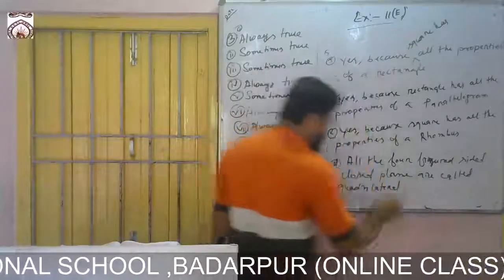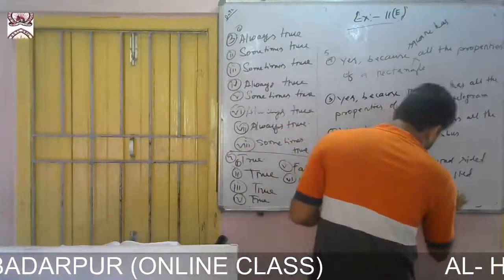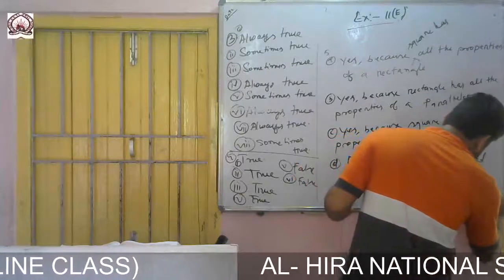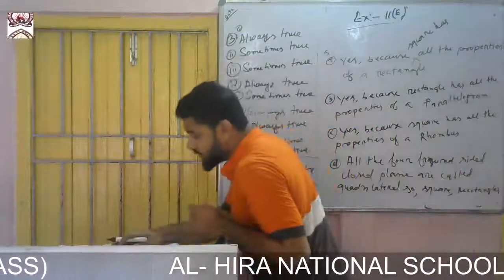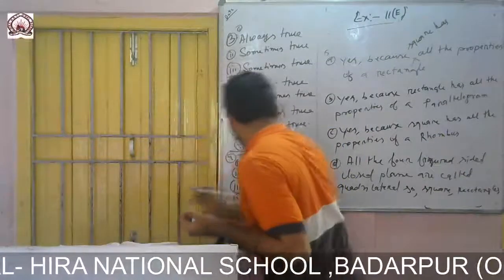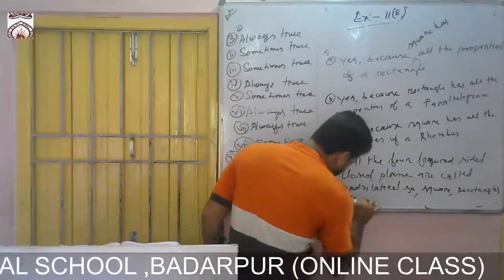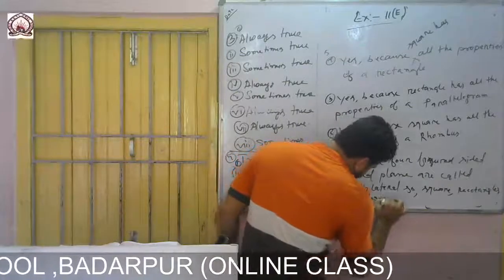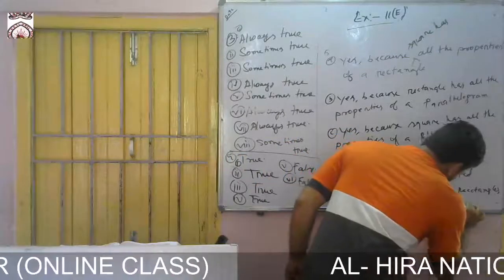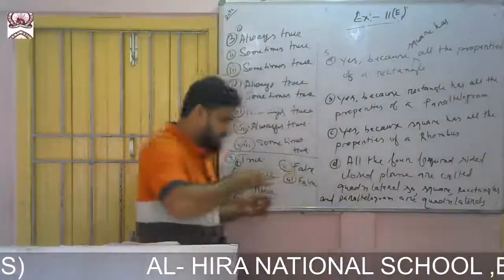So squares, rectangles, and parallelograms are quadrilaterals. Okay.